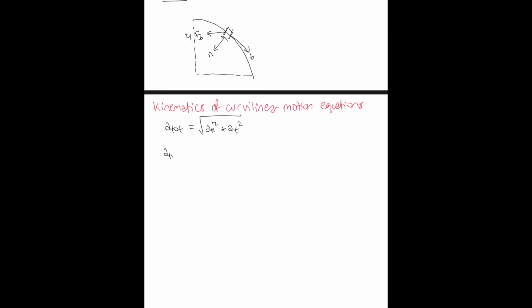And if we sub in the normal acceleration equation and the tangential acceleration equation, we can get this one here. Now, if we rearrange for AT, we can get the result shown here.